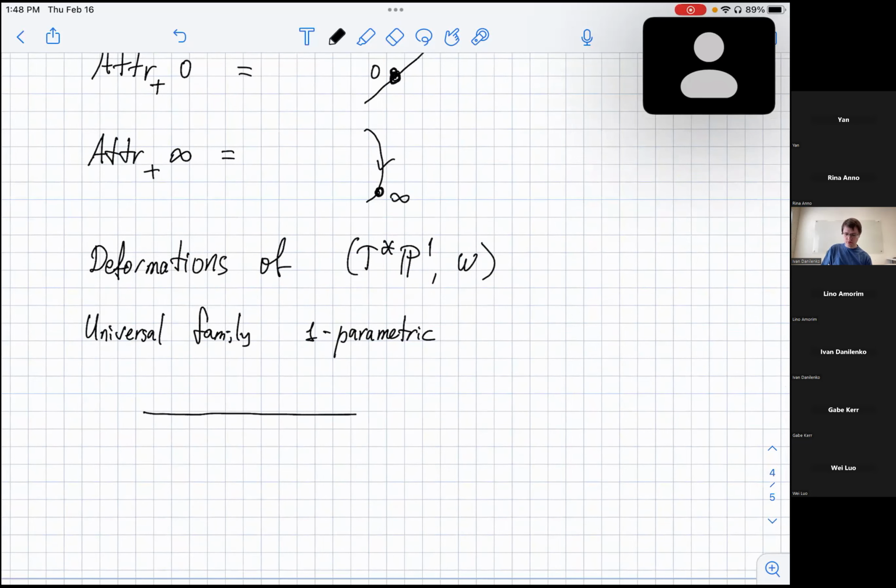So at 0 of this parameter, we have our T star P1, and somewhere away from it, we have a deformed cone.